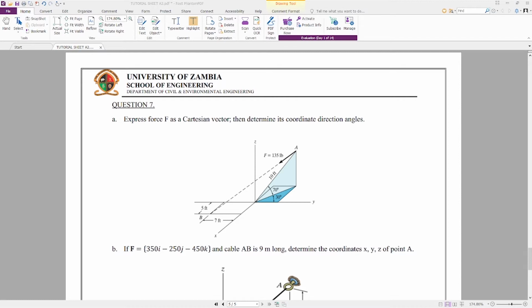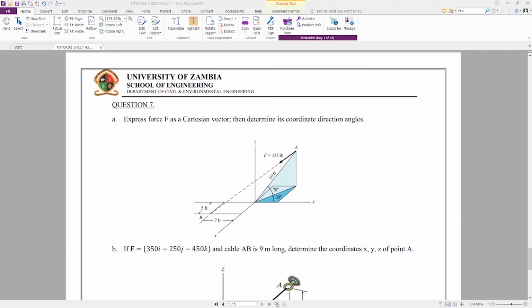The question is simple. It reads: express F as a Cartesian vector, then determine its coordinate direction angles. So definitely this question is not as easy as it looks, but look at this.